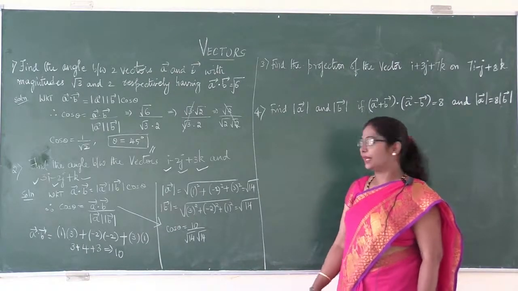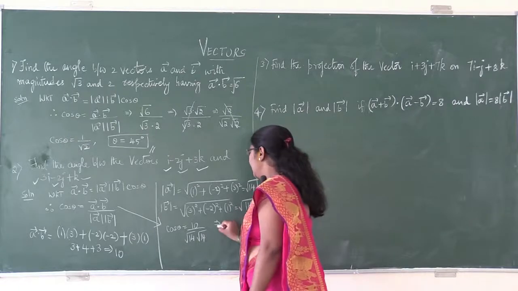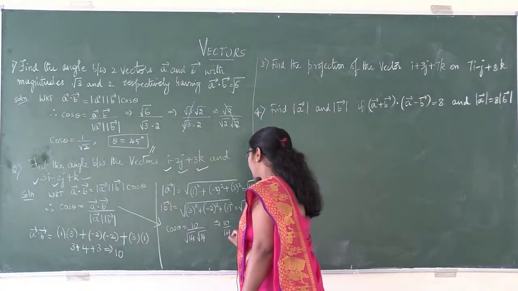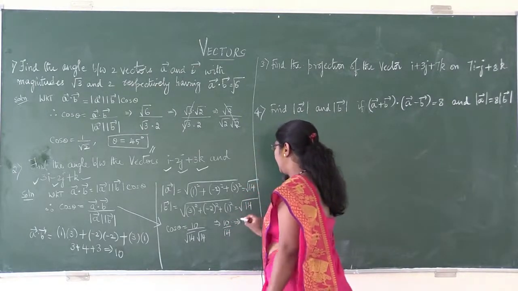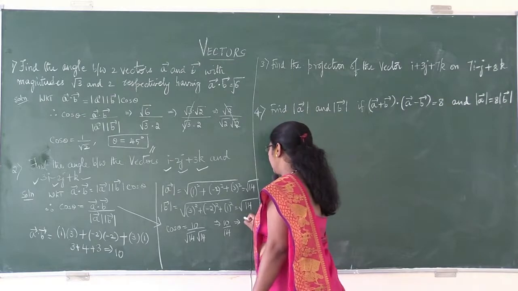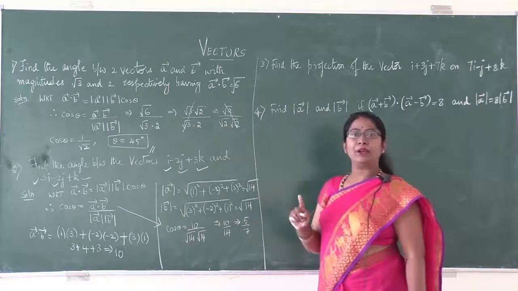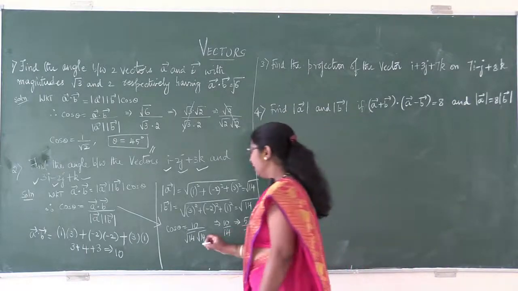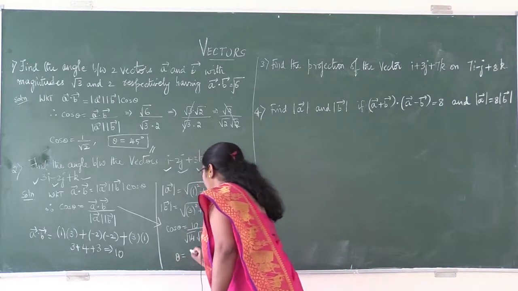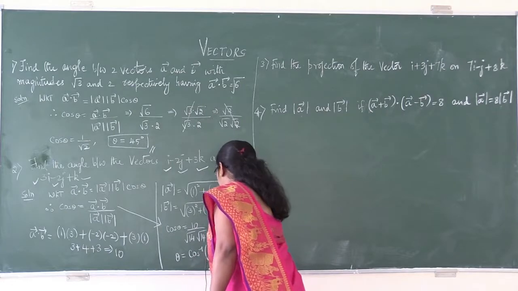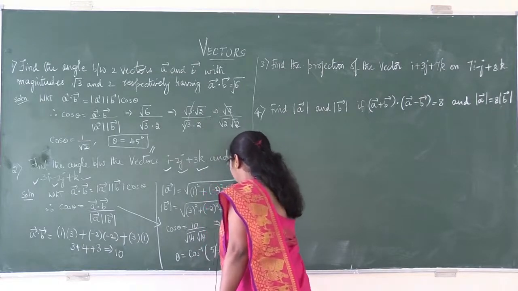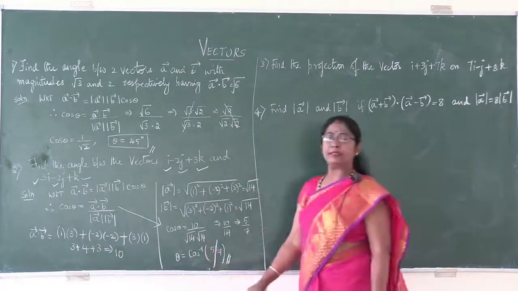The square root and the square get cancelled. What remains is 10 by 14, which can be written as 5 by 7. We are supposed to find the angle. So theta is equal to cos inverse 5 by 7, which is the resultant answer.